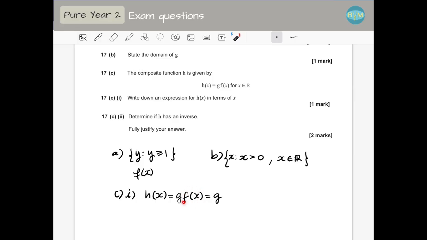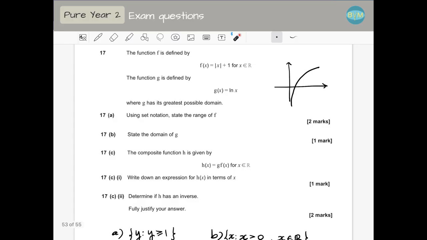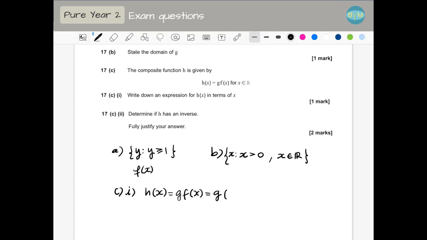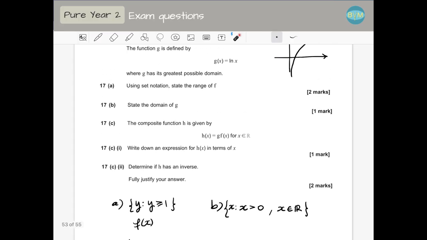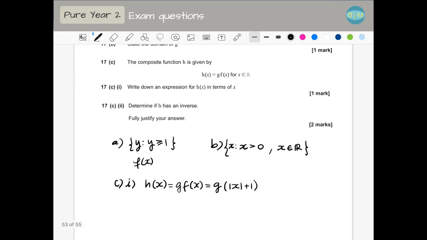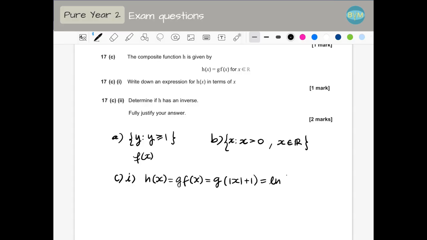So this is my new input. f(x) was the absolute value, so it is the magnitude of x plus 1. And now I apply g, and g is ln x. So it's just ln of the modulus of x plus 1. That's your function h.